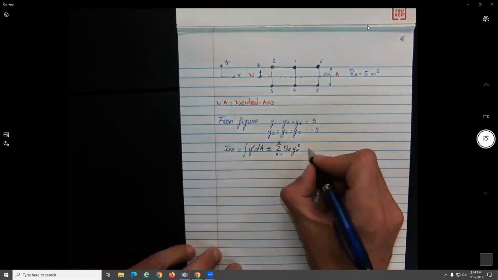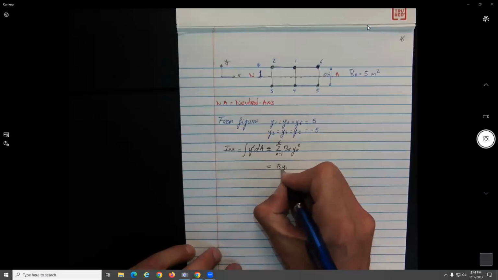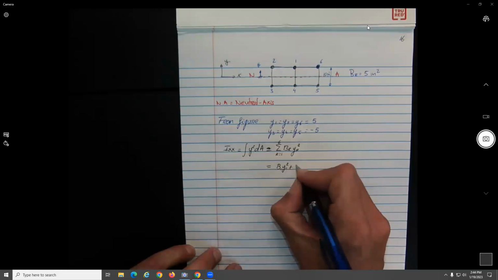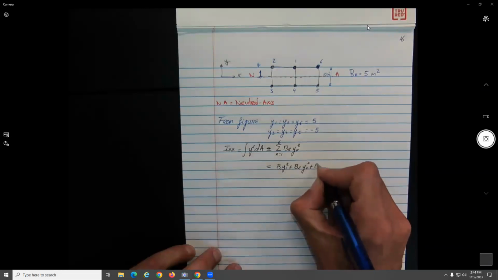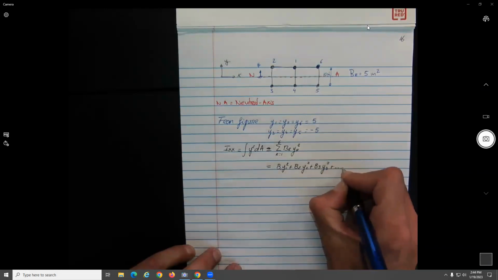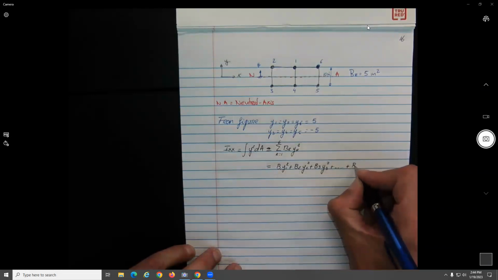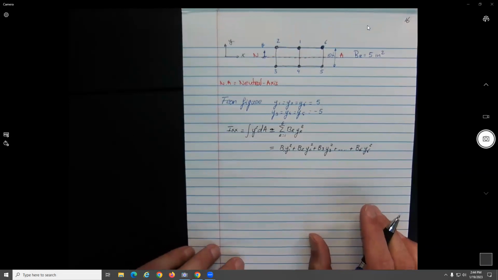So basically this should be equal to B1 Y1 squared plus B2 Y2 squared plus B3 Y3 squared plus blah blah blah until B6 Y6 squared.